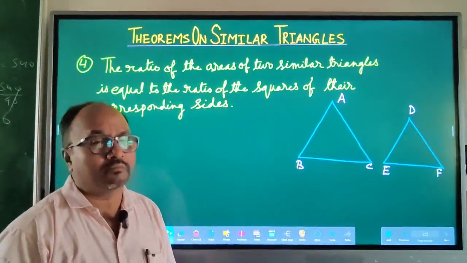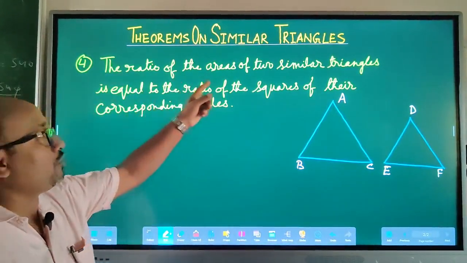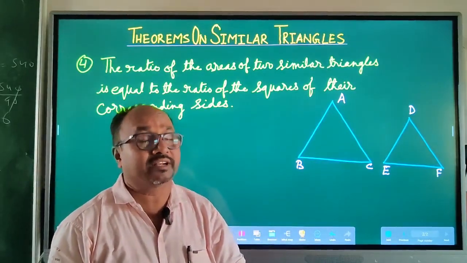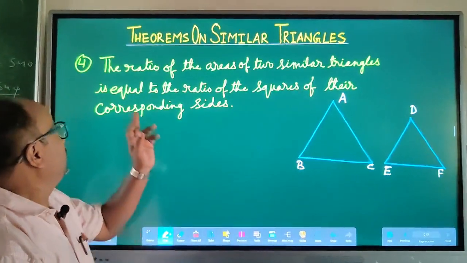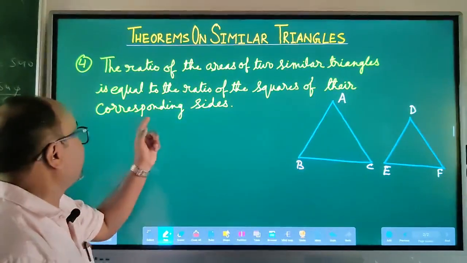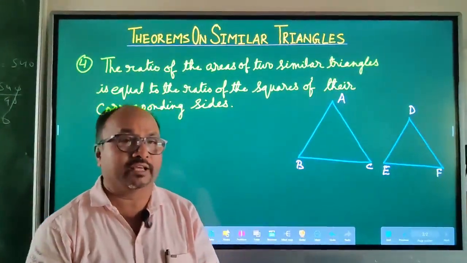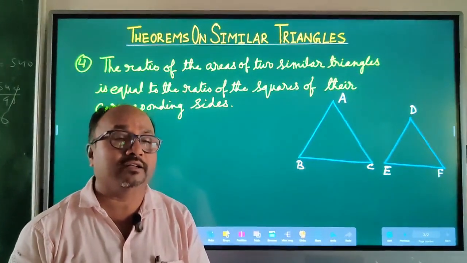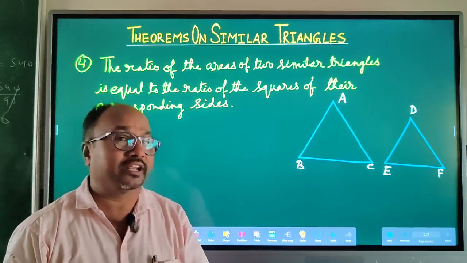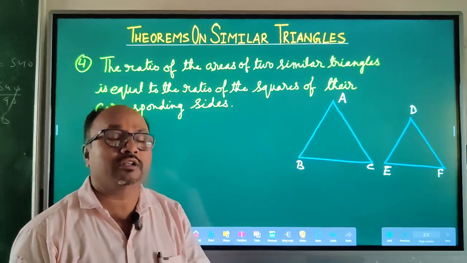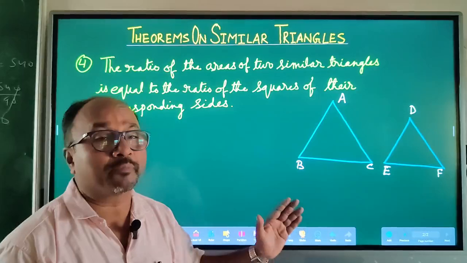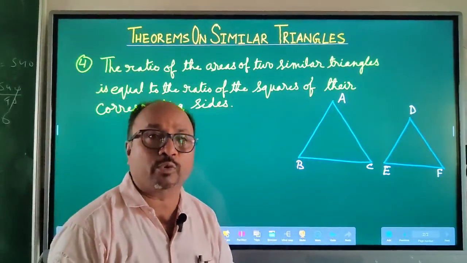So this theorem says the ratio of the areas of two similar triangles, so it is only applicable when the triangles are similar, is equal to the ratio of the squares of their corresponding sides. So if we take the same sides of the two triangles, square them and find the ratio, the theorem says the ratio will be the same as the ratio of their areas. So we can represent it mathematically in this way.